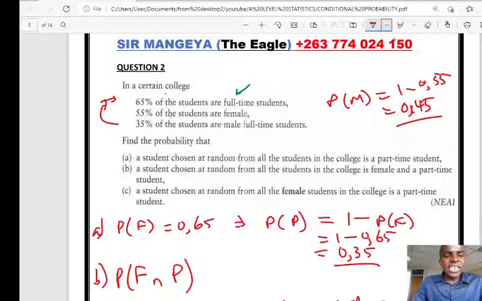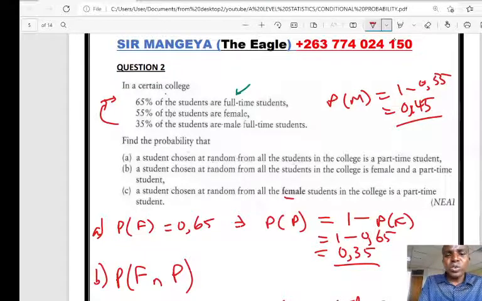Find the probability that a student chosen at random from all the female students in the college is a part-time student. So we are given that 65% of students are full-time students. A student chosen at random from all female students.